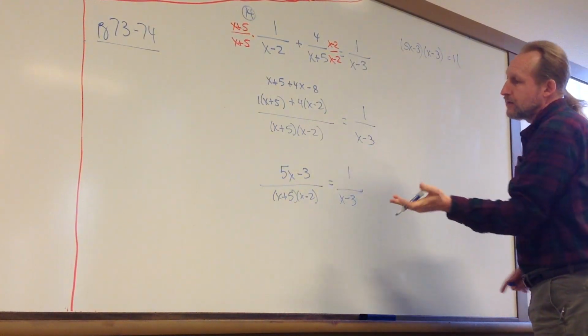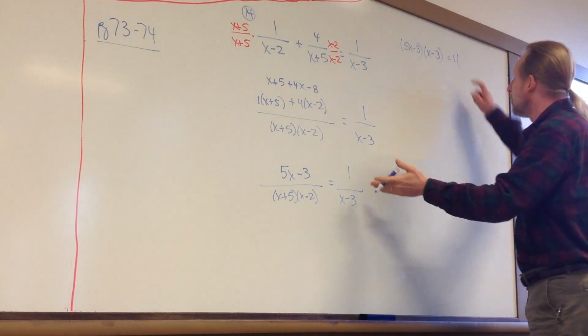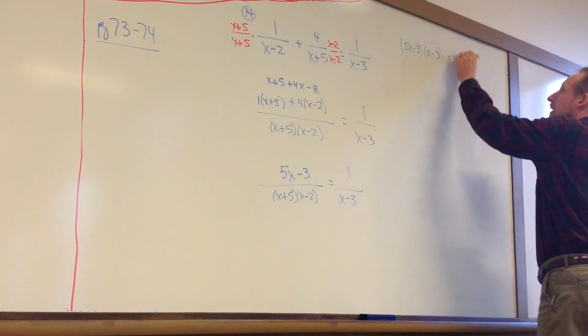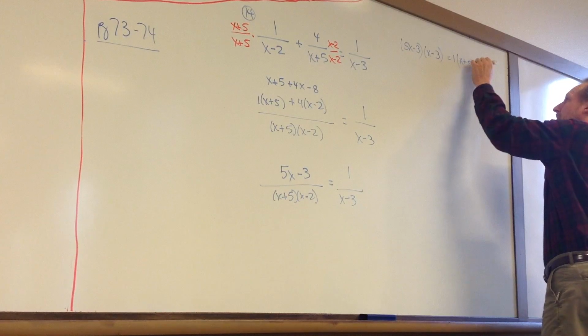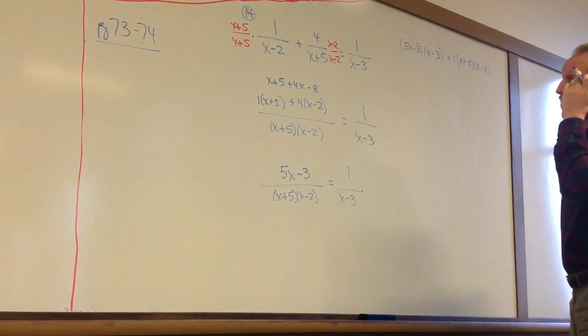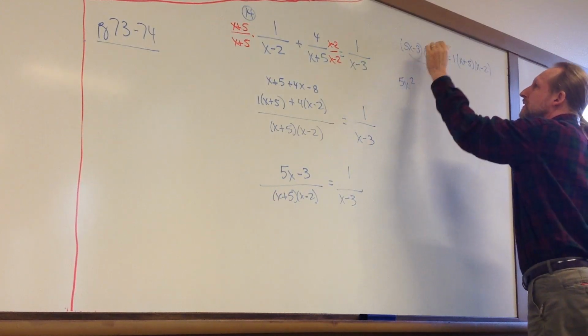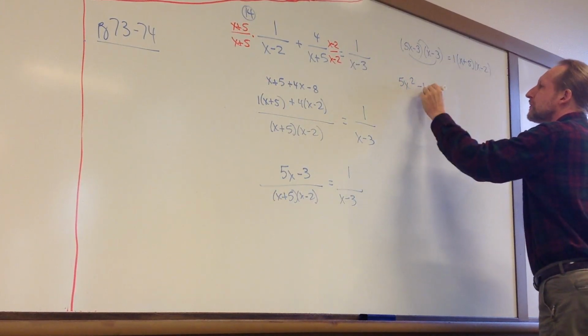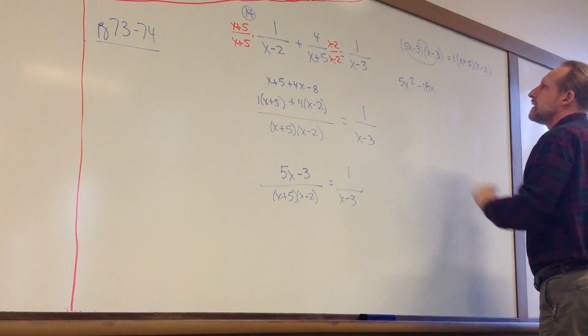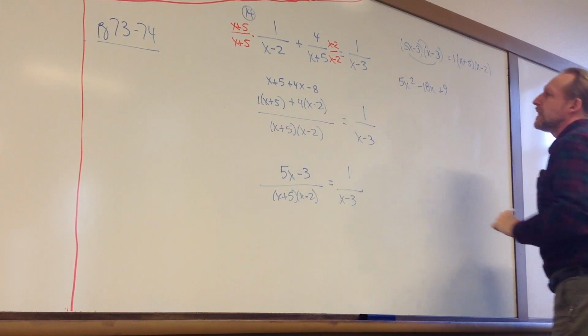We don't need the 1 in this case, but if it's not a 1, you will need whatever number that is, times x plus 5 times x minus 2. All right, so this will be 5x squared, minus 15 and minus 3 makes minus 18x plus 9.